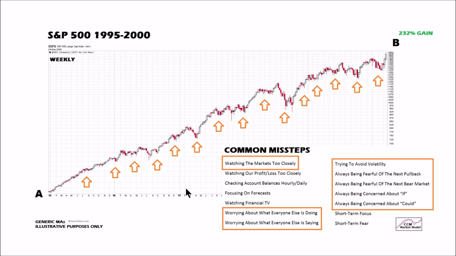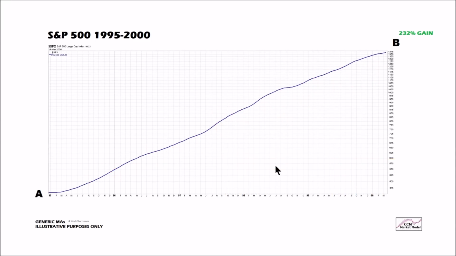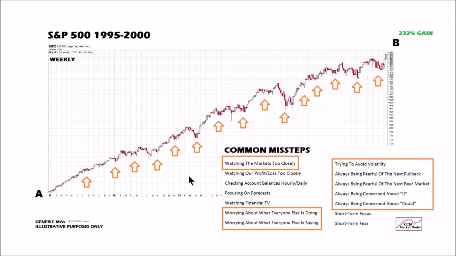Number 1, they underestimate normal volatility. Markets are frustrating, difficult, and volatile. And number 2, they underestimate the power of the primary trend, especially in periods marked by strong secular trends. This is a lot easier than this.